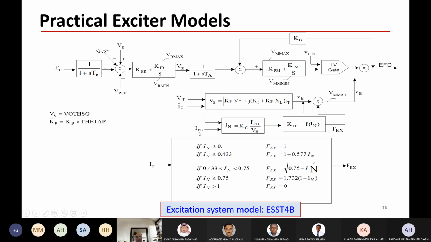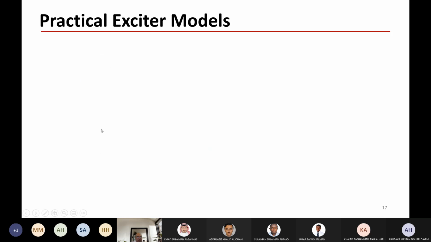You have a lot of complexity, as you can see here. Terminal voltage, terminal current, EFD, and so many measurements. But at the end, you have the excitation voltage here. So if you are familiar with the types in real life, you can have it as such.